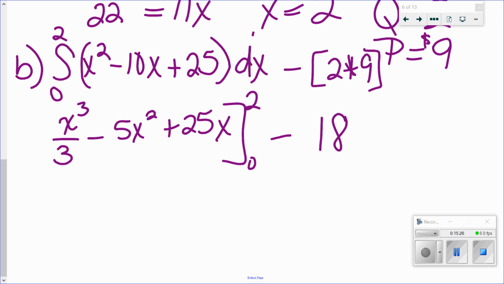And from that, we are going to subtract 18. So let's go ahead and look at that. If I was smart, I would have left that in y1, but I didn't. So we have x raised to the third divided by 3 minus 5x squared plus 25x.